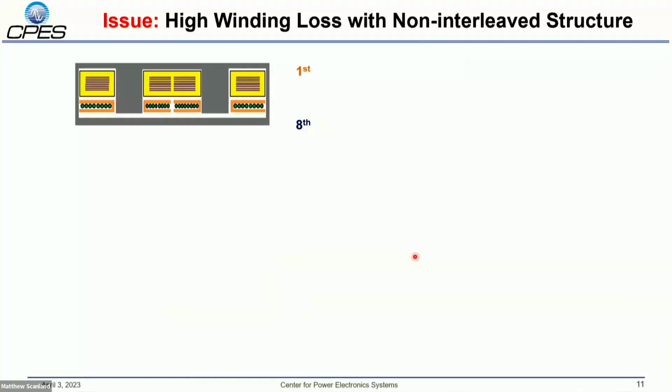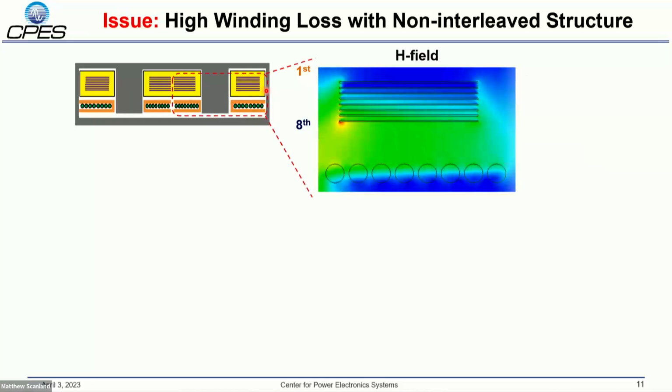However, the main reason for this high winding loss is that, as we can see here, it's a non-interleaved structure. If we consider the H field distribution in the primary side winding, we will see the MMF accumulates from the first layer to the 8th layer. The highest MMF will reach 8 times the current.